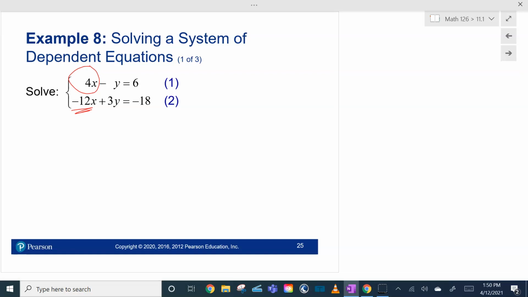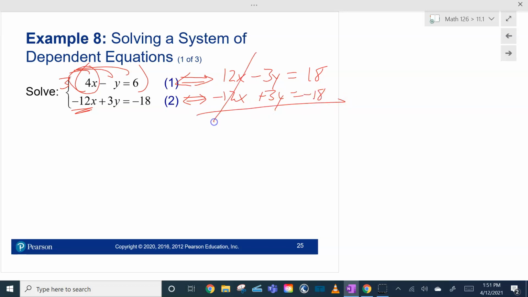So since it's already positive 4x, I'm going to multiply this by 3, both the right side and the left side. So equation 1 becomes 12x minus 3y equals 18. Bottom equation stays the same, negative 12x plus 3y equals negative 18. And then those cancel. That's what we wanted.